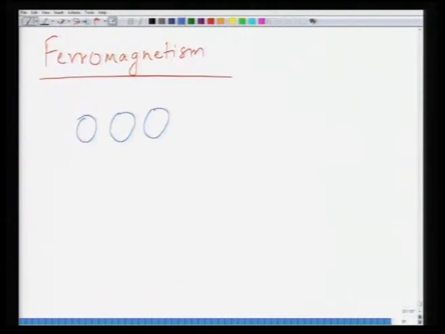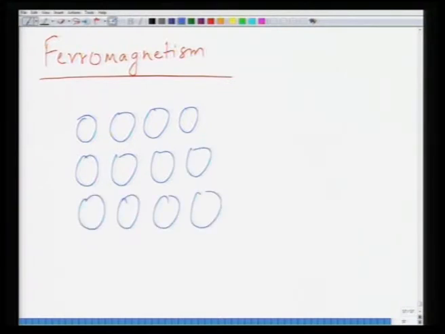So, you have these, for instance, atoms, and these atoms have magnetic moment, which gives you a random sort of moment, but it is not random enough to give you 0 moment, something like that. So, it is a highly idealized picture.